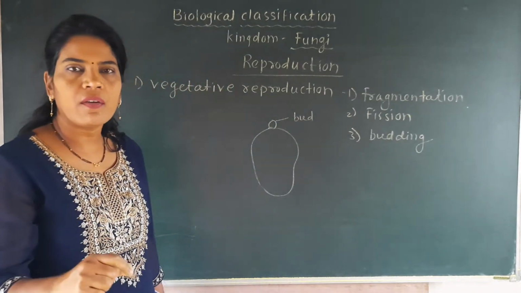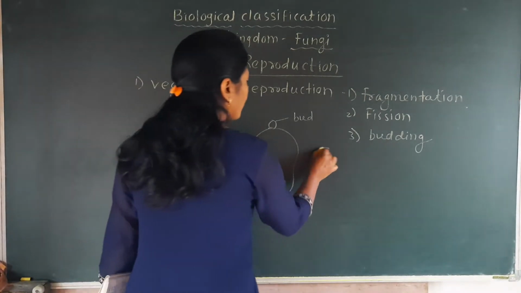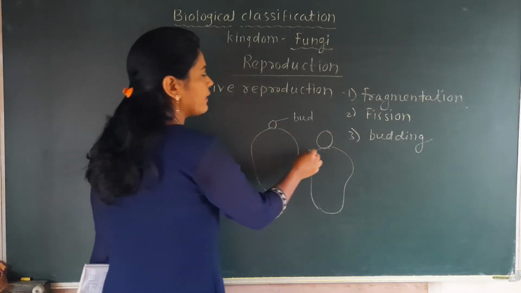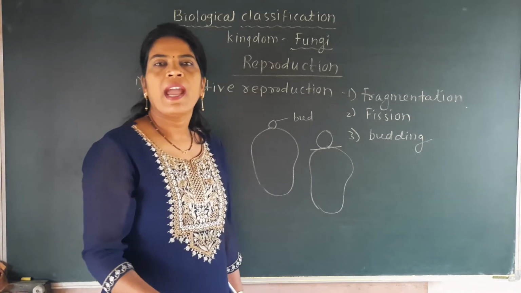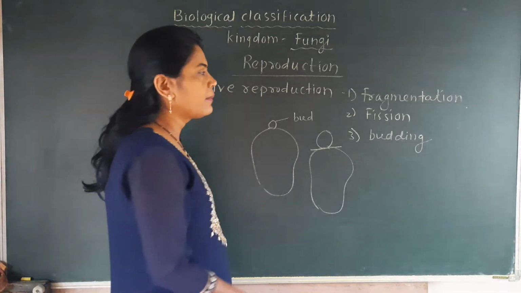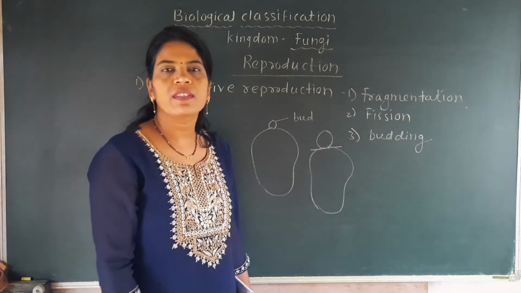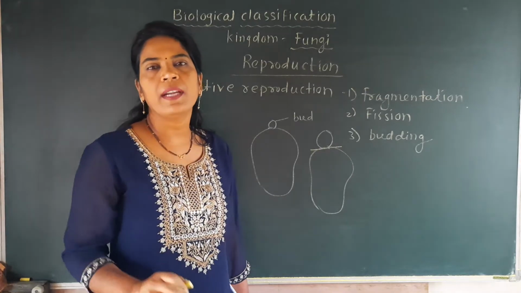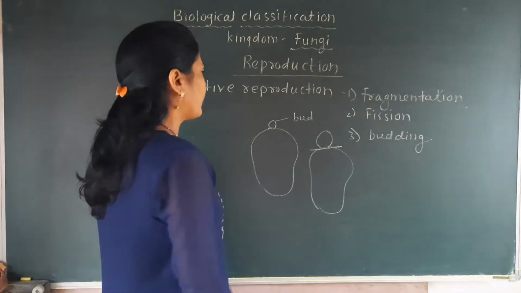But later on the bud grows slowly, becomes larger, and when it gets fully mature, it gets separated from the parent body, falls off and produces a new fungi. That method is called budding. So three methods of vegetative reproduction are there: fragmentation, fission and budding.